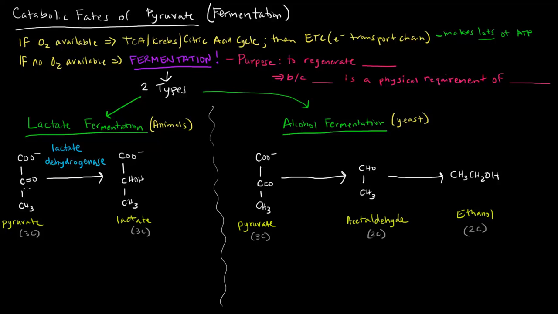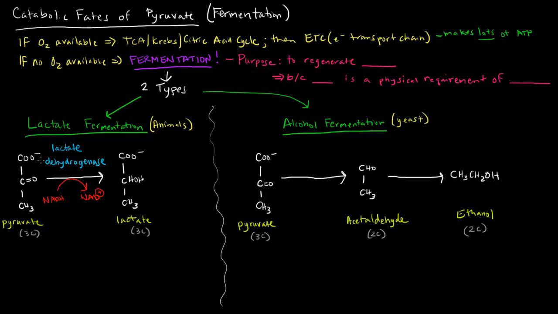So if pyruvate was reduced, something must have been oxidized. Well, that's why we think about the dehydrogenase. In this case, an NADH gets oxidized back to NAD+. Now, why do we do that?